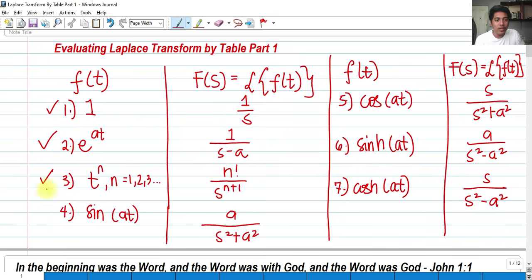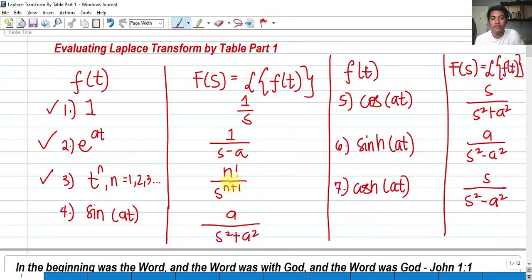For number 3, we find the Laplace transform of t raised to n, where n is a positive integer. The Laplace transform of that would be n factorial divided by s raised to n plus 1.